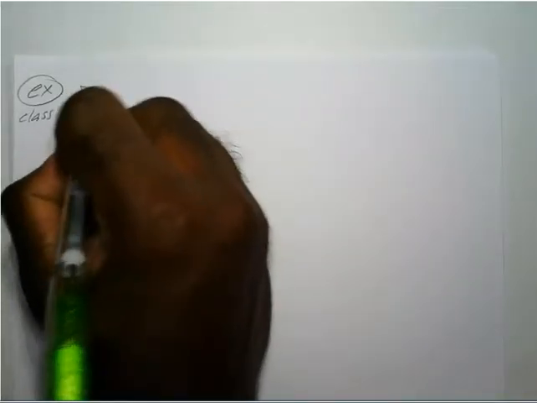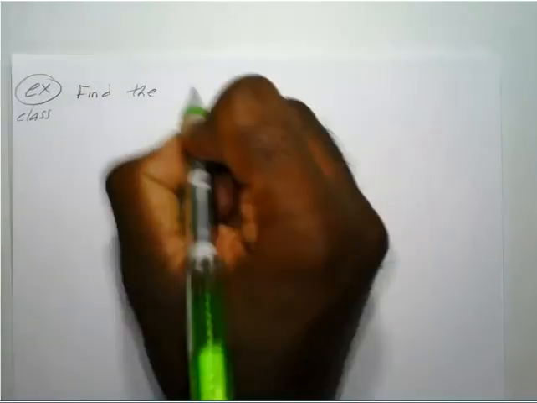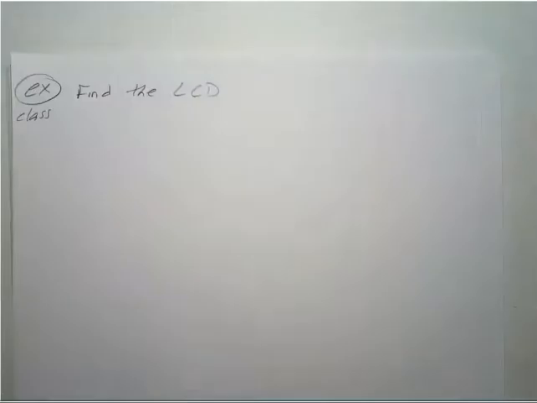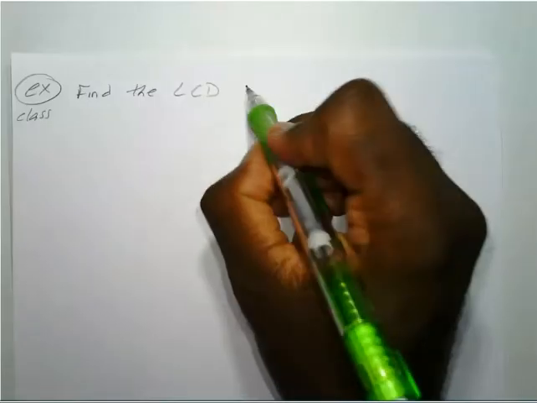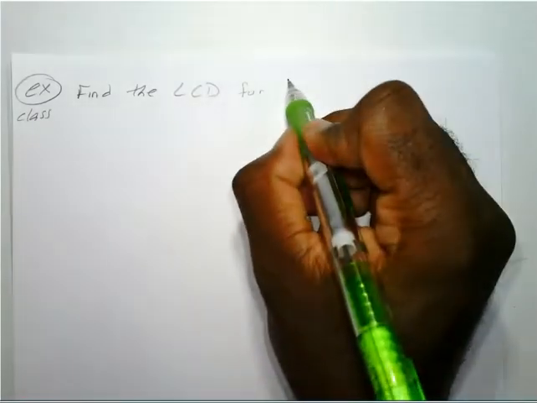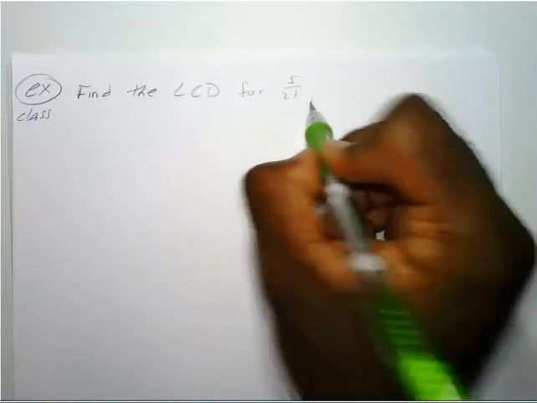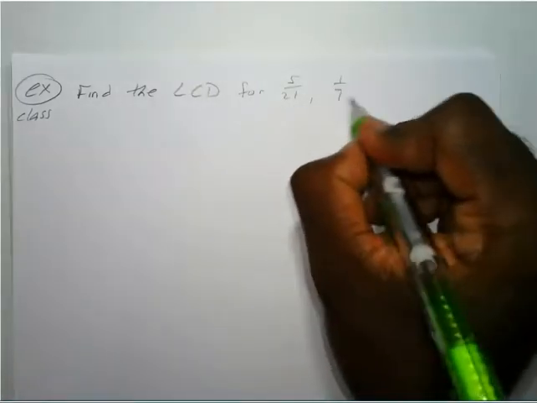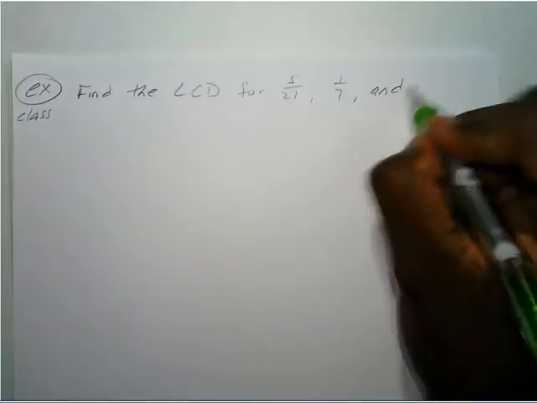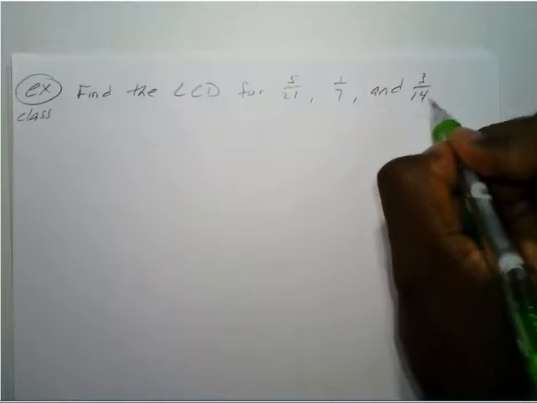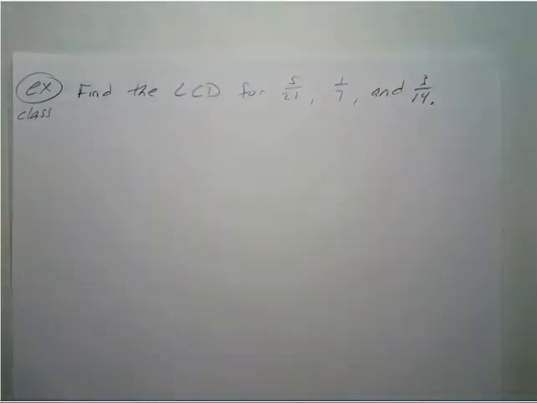Okay, so we want to find the least common denominator for 5 over 21, 1 over 7, and 3 over 14. All right, so go ahead and press pause and try to solve this one on your own. Use the same steps as the previous examples.